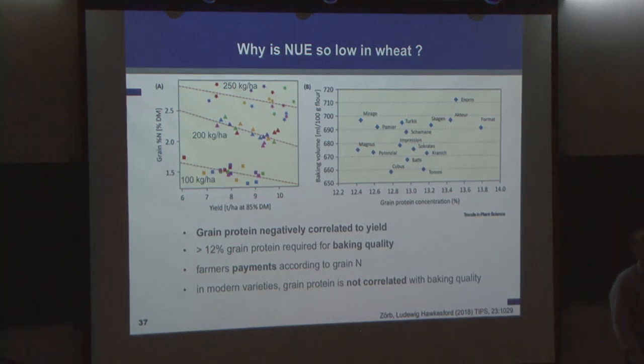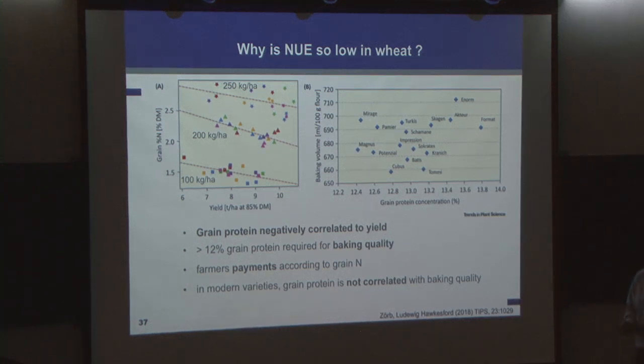So apparently, the system in Germany, that the farmers are paid for protein content or protein concentrations in the grain, is a little bit misleading because it does not really show the baking quality. Many modern varieties have very good baking quality. And somehow, probably we get better nitrogen use efficiency.